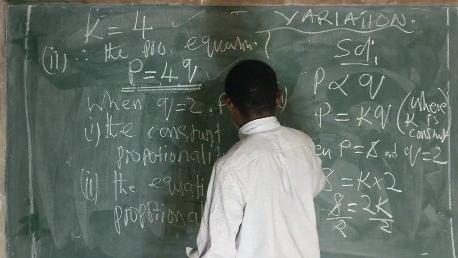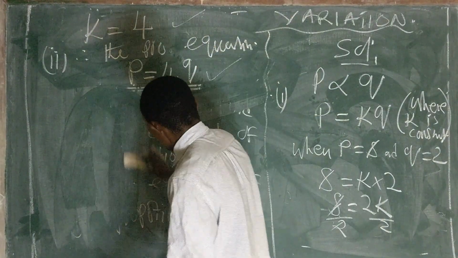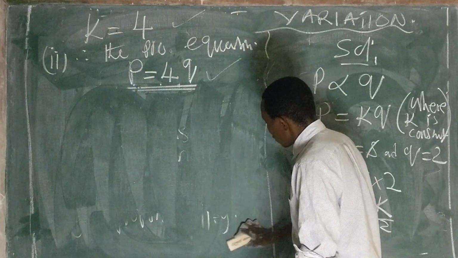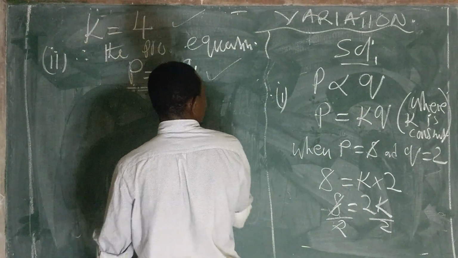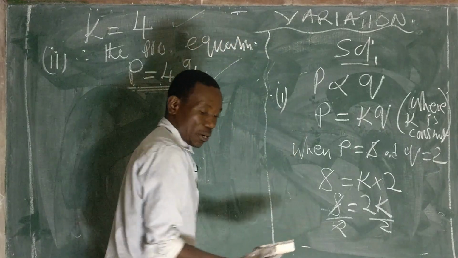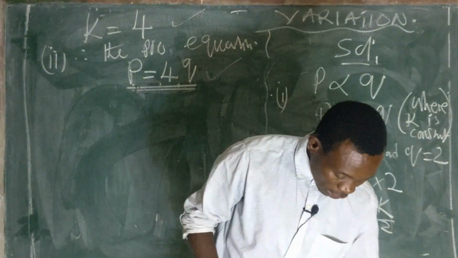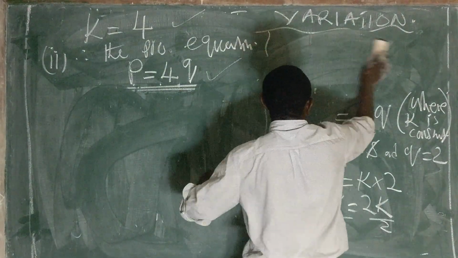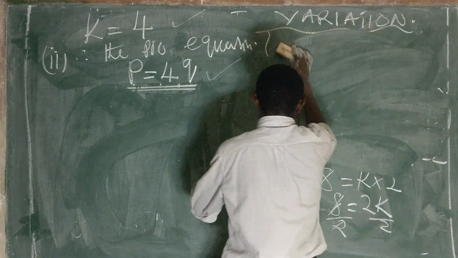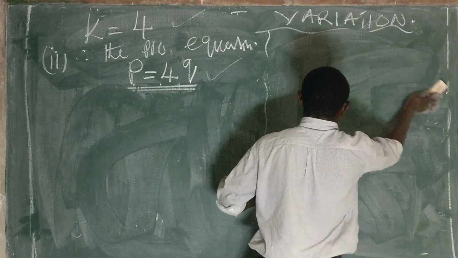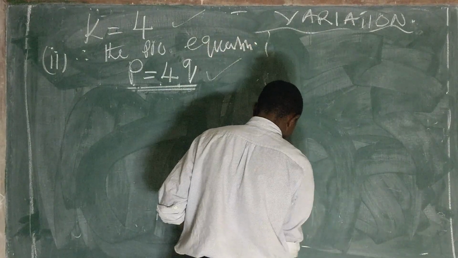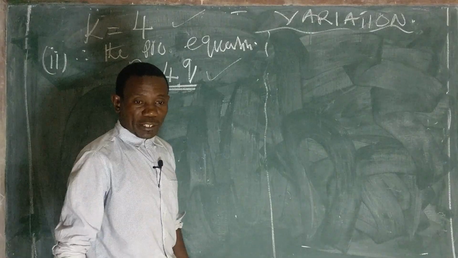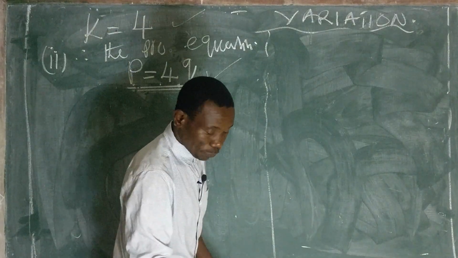Right, so having known how to calculate the constant and coming up with the proportionality equation, let us go now into another problem where we are asked to work out the value of a certain quantity. Right, number 2.